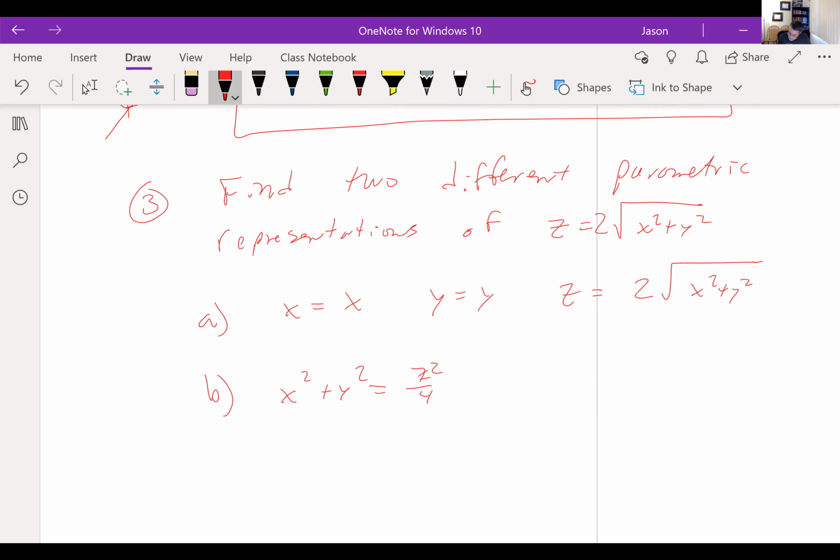I'm going to redraw it. Because we have, this is x, and this is y, and this is a function.